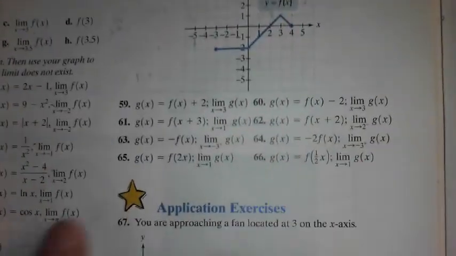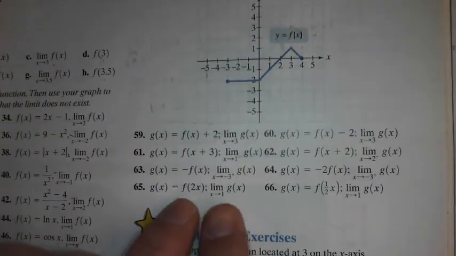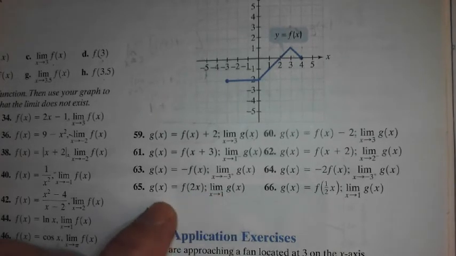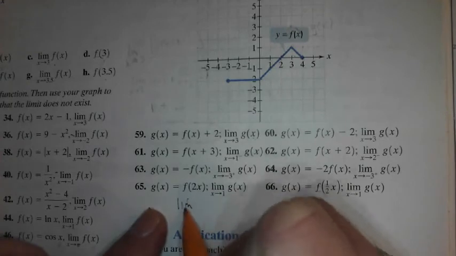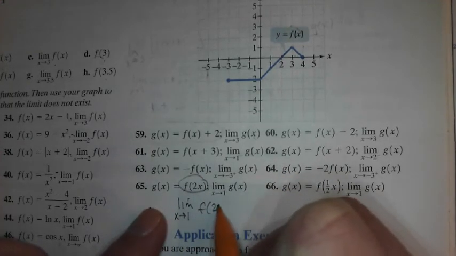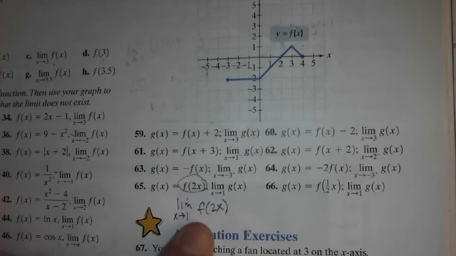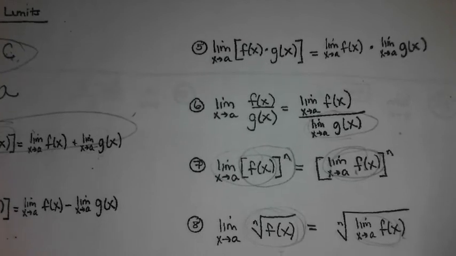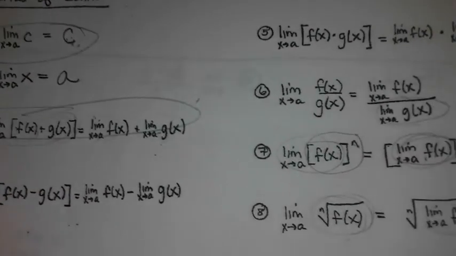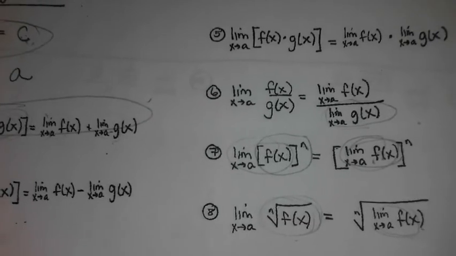Let me jump down to 65. It wants the limit of g of x as we approach 1. So that's the limit as x approaches 1 of technically f of 2x. Now, which property would we be using here? I didn't give it to you.